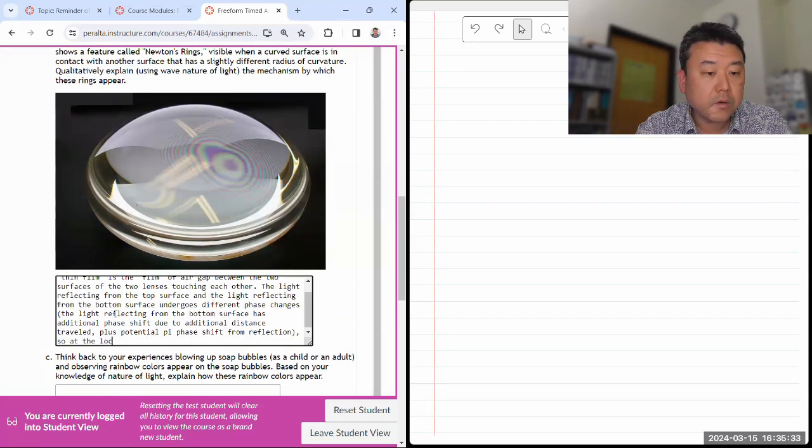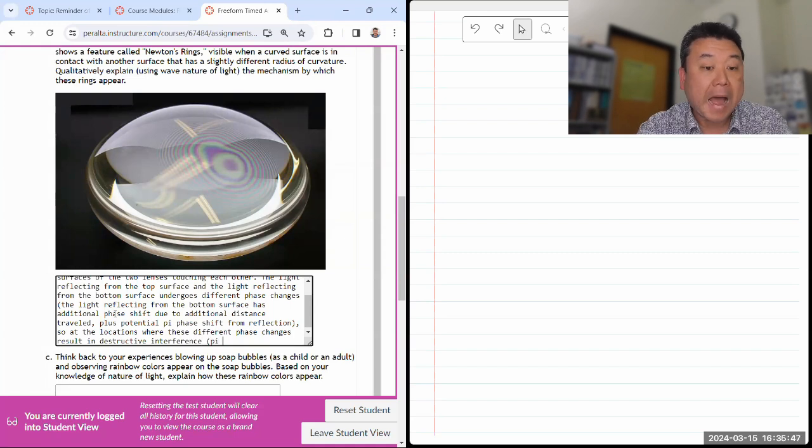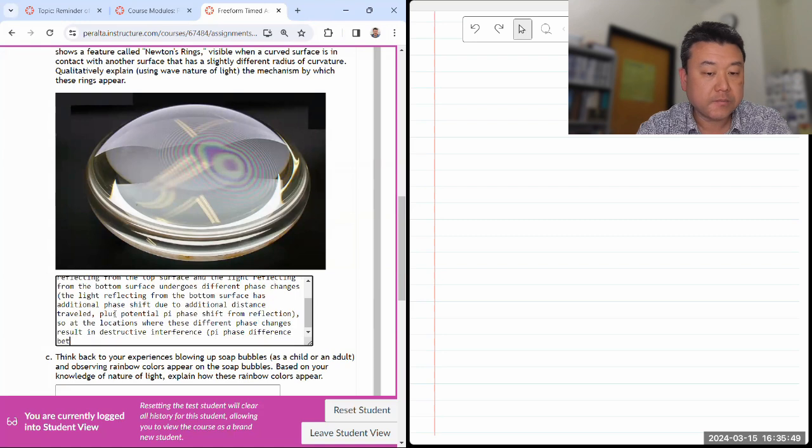So at the locations where these different phase changes result in destructive interference, a pi phase difference between two reflected beams, I'll just leave it there.